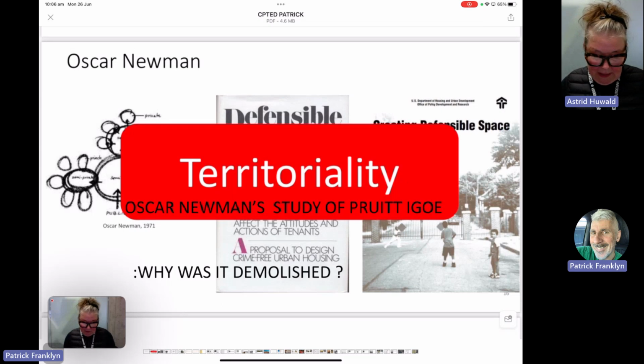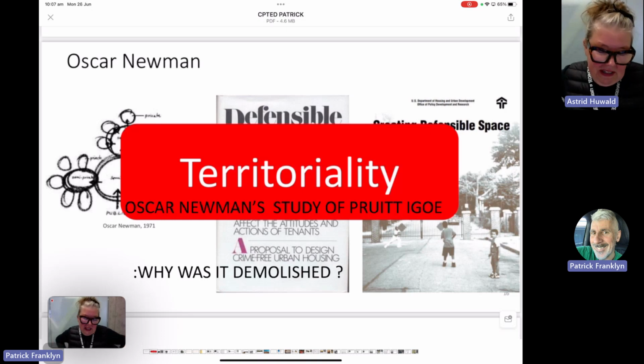CPTD stands for Crime Prevention Through Environmental Design. There are a number of theorists and aspects of it, but the one that will really guide you with this site is this notion of territoriality, which came from a theorist called Oscar Newman in the 1970s. You've got to know where it comes from, but not in great depth.